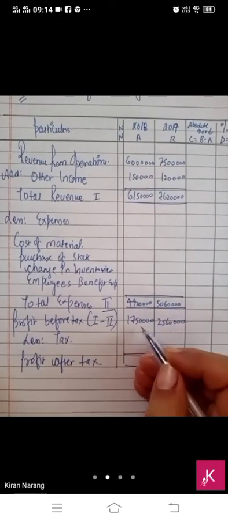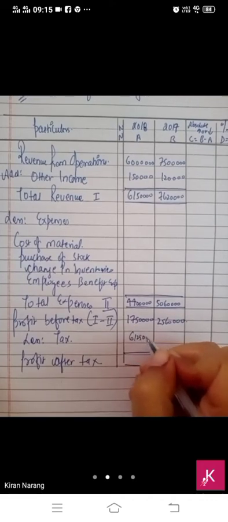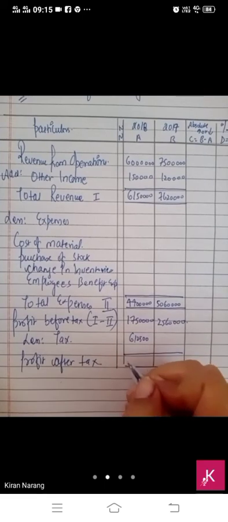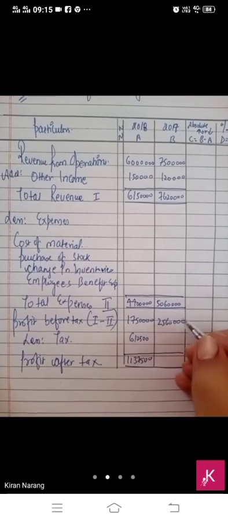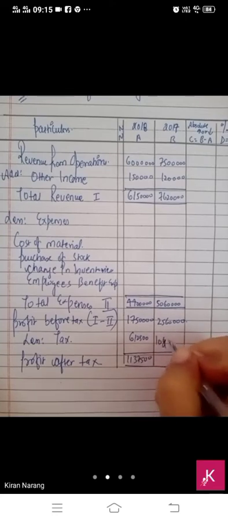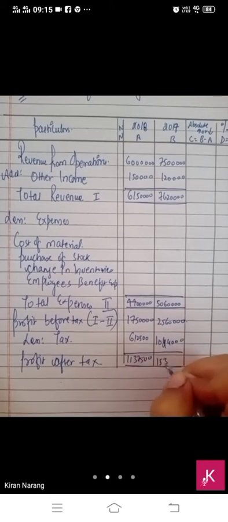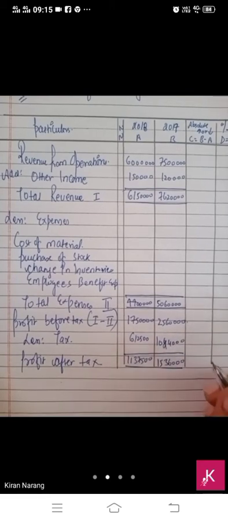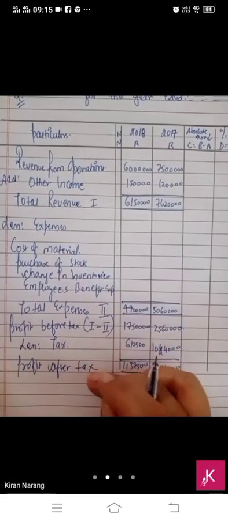On this, you will calculate 35%. 35% of 1750 will be 6,12,500. So after deducting, you will get this figure. Then for 25, you have to deduct 40% on this value. 40% of this will be 1024. So after deducting this, you will get 15 lakh 36,000. Everything was given. You just have to put it in a proper sequence.